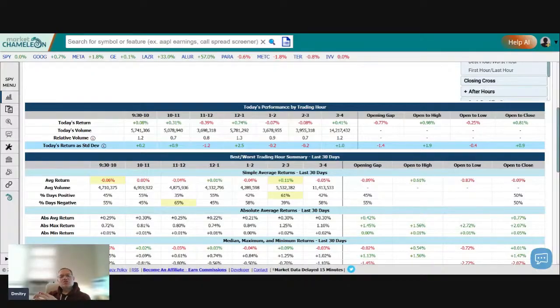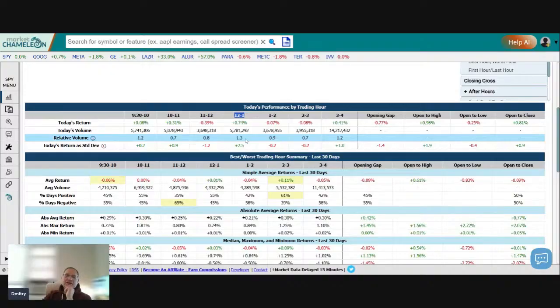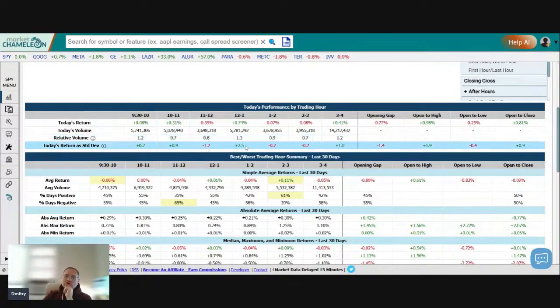The one move that maybe stands out here is this one between 12 and 1, because we had a higher volume than we see on average, with a move of 2.5 standard deviations for that time period.